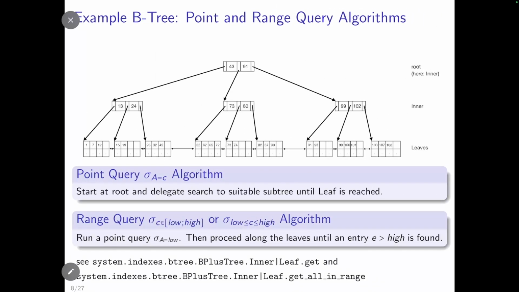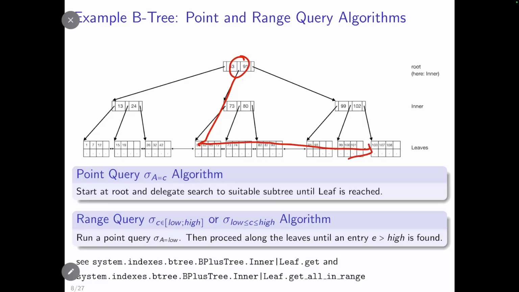So we looked at point queries and range queries. A point query is just a matter of recursively going down the tree, just like in a binary search tree. A range query is a bit more interesting and a bit new, because basically, you just do a point query first, run down the tree, and there you can scan over the leaf level.